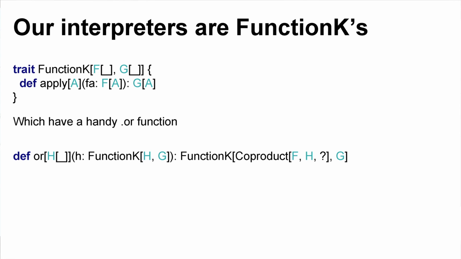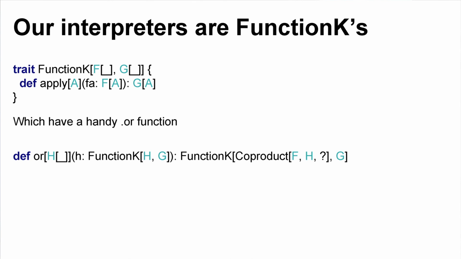So our interpreters are FunctionKs, which are another way of saying they're functions that operate on the higher kinds of H and G, which are type constructors which take one argument. Kind of like CoProduct is on F and G, where F and G are type constructors that take one argument. FunctionK is kind of like that analog.